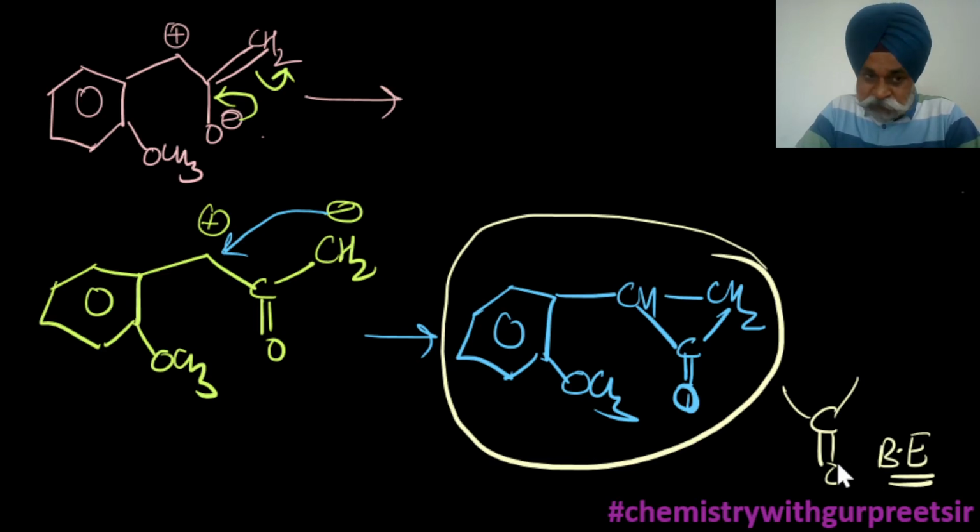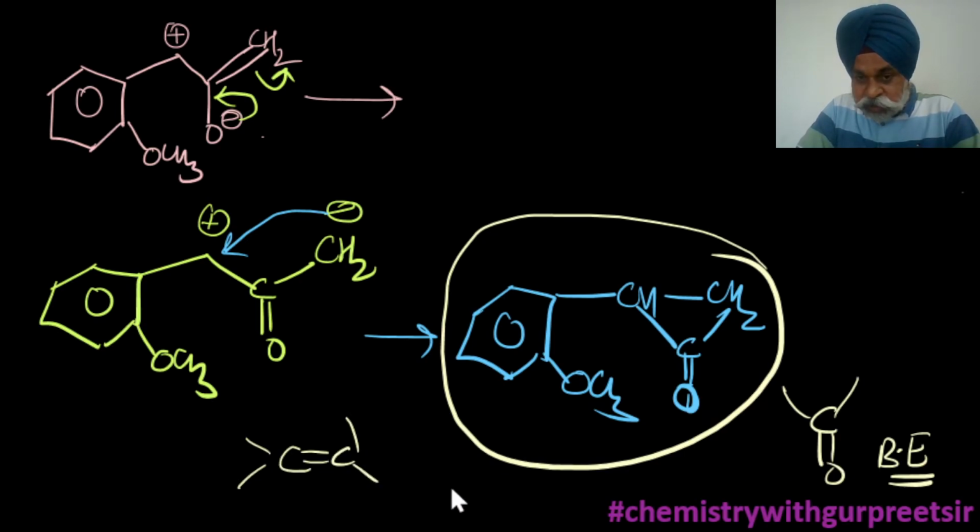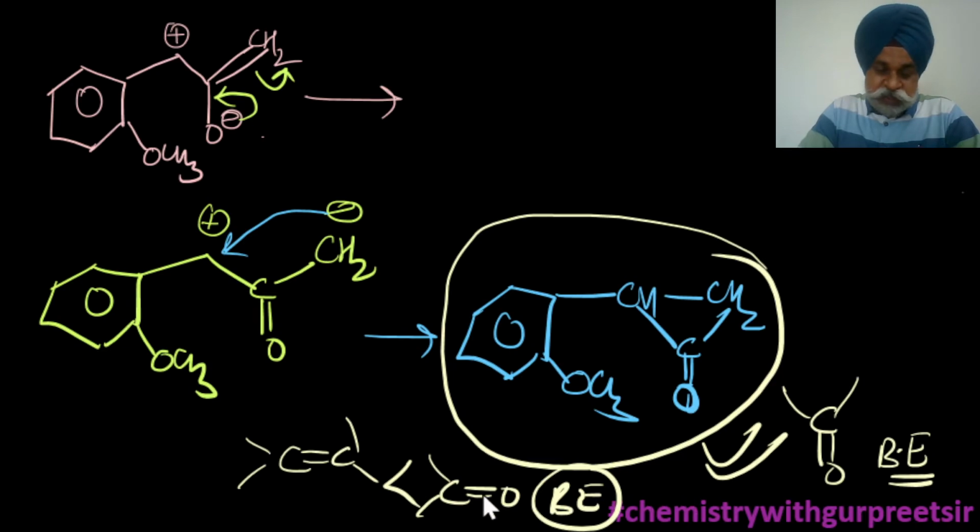This is one of the viewpoints for this explanation which you always have to remember. Compared to the carbon-carbon double bond versus the carbon-oxygen double bond, the bond energy is greater. So that is why we will consider this to be the best answer. This is one question which is very important.